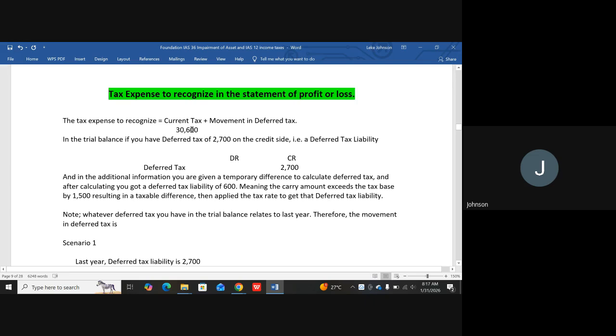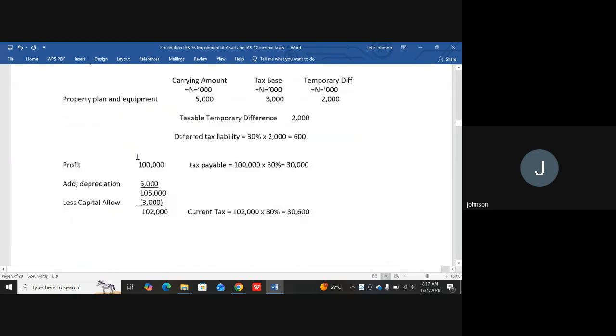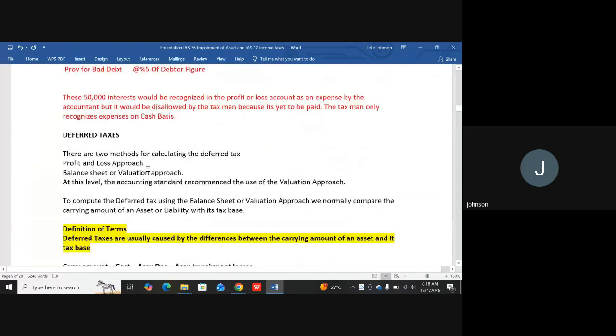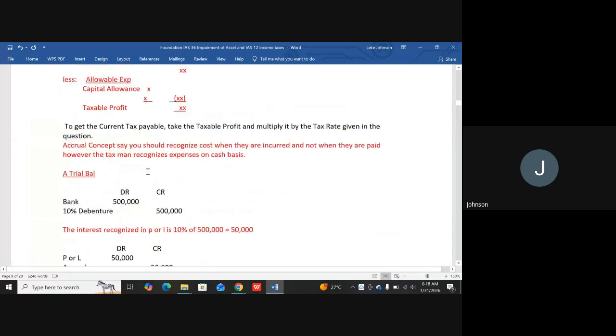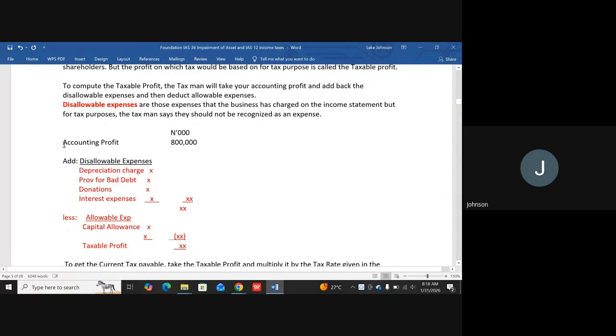I said to get the current tax that you need to pay this year, you ask: how do I calculate the tax that the taxman is going to say I need to pay? So that's the current tax. You have your accounting profit over here, which you have used for your tax computation. But will the taxman just go with your computation? No, the taxman is not going to go with your computation. The taxman will calculate his own tax by taking your accounting profit.